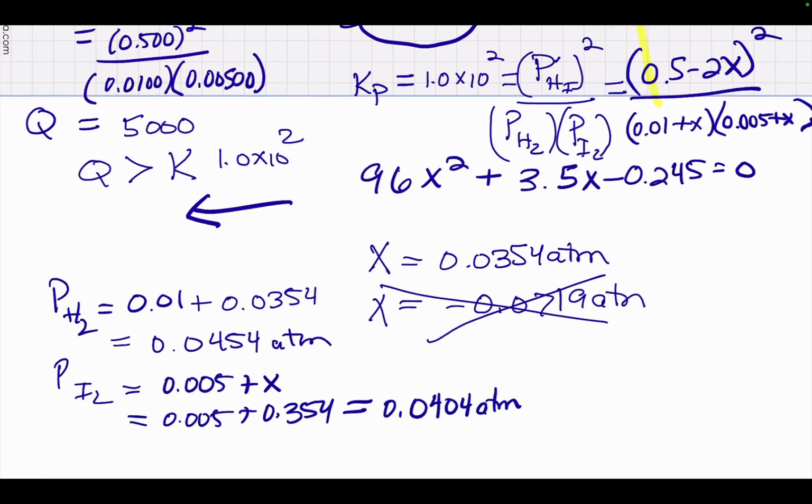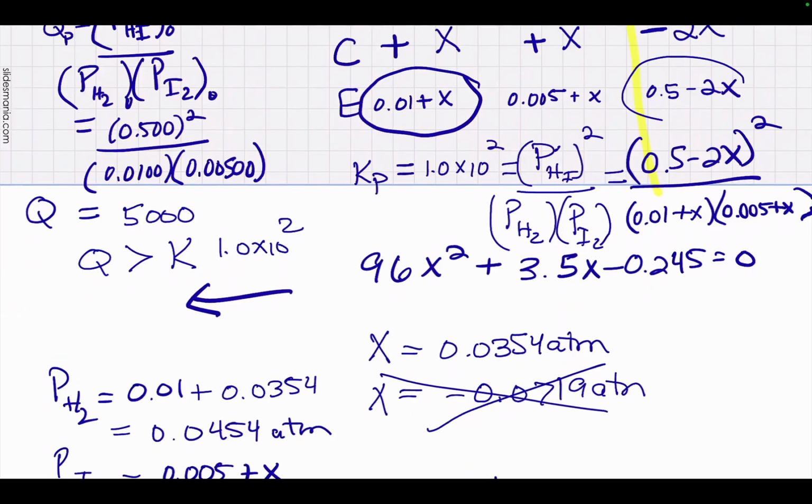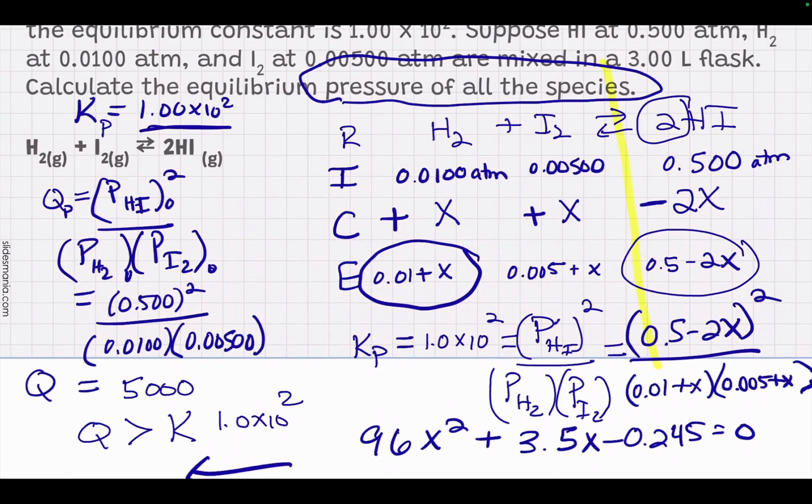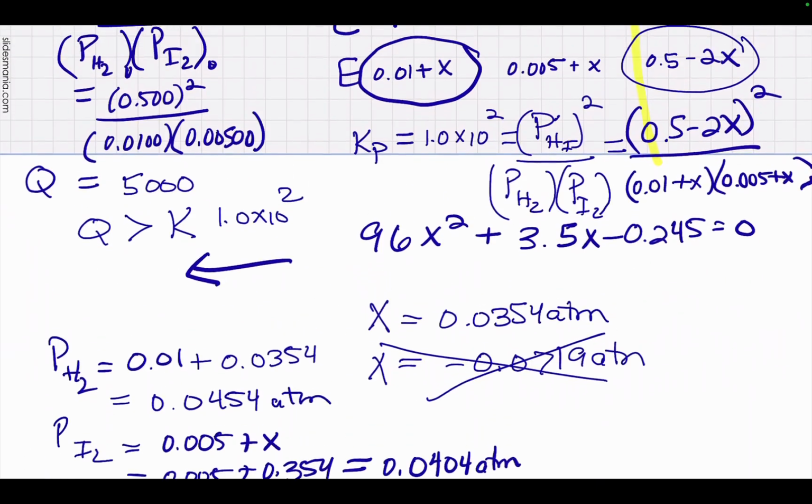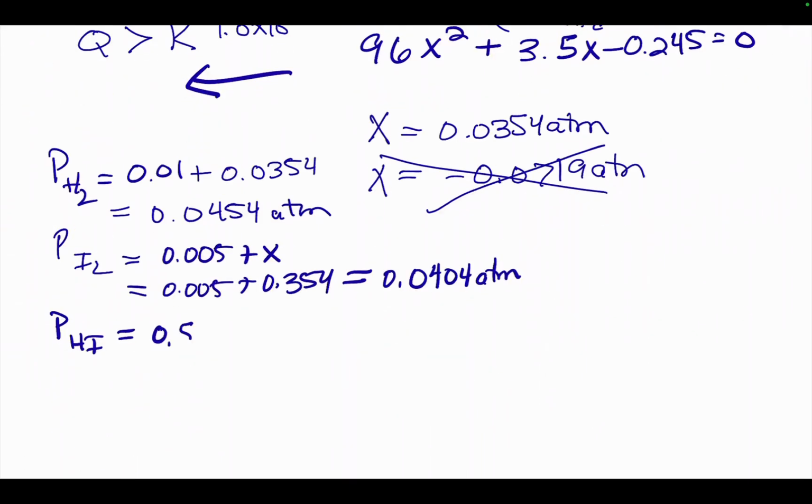And then lastly, remember I'm using these equilibrium expressions in my ICE table. The pressure of the hydrogen iodide is going to equal 0.5 minus 2x. And when you do that, you should get 0.429.